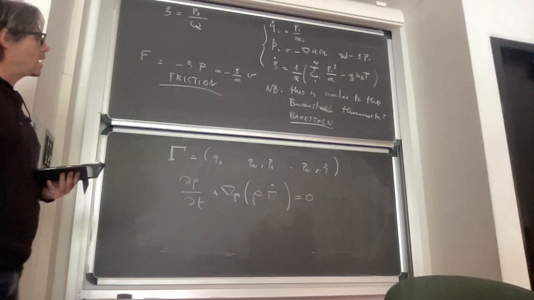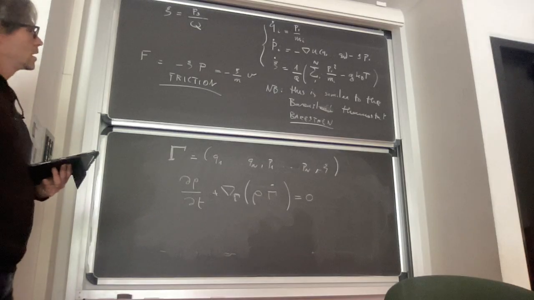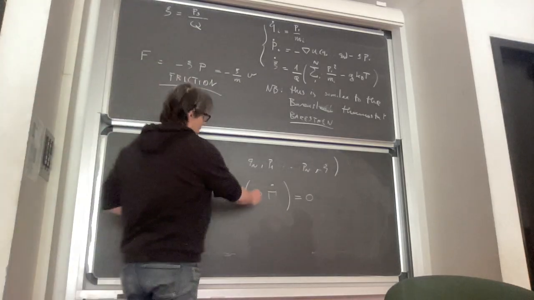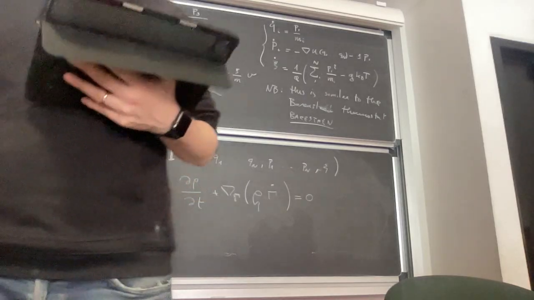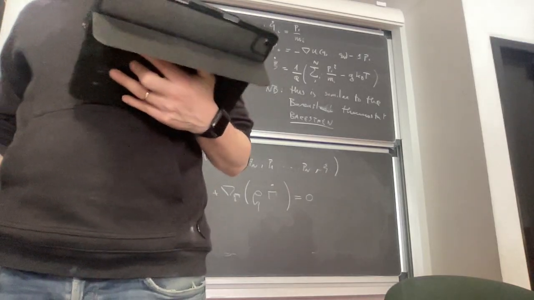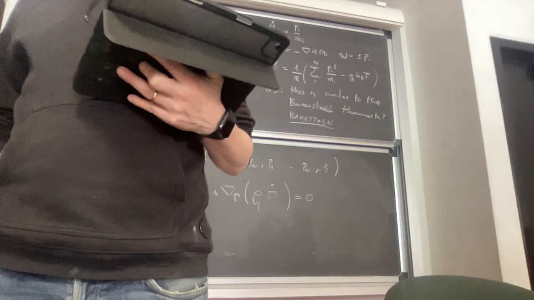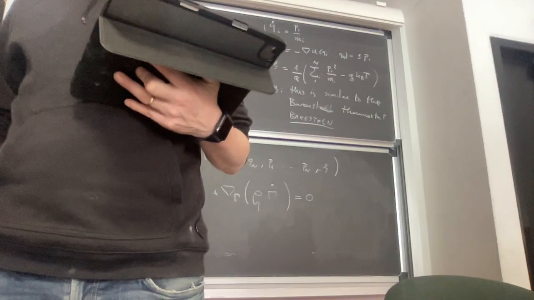And all I have to do now is to take an ansatz for rho, hopefully the Boltzmann ansatz, and show that if I insert it in here, it will solve the stationary Liouville equation.